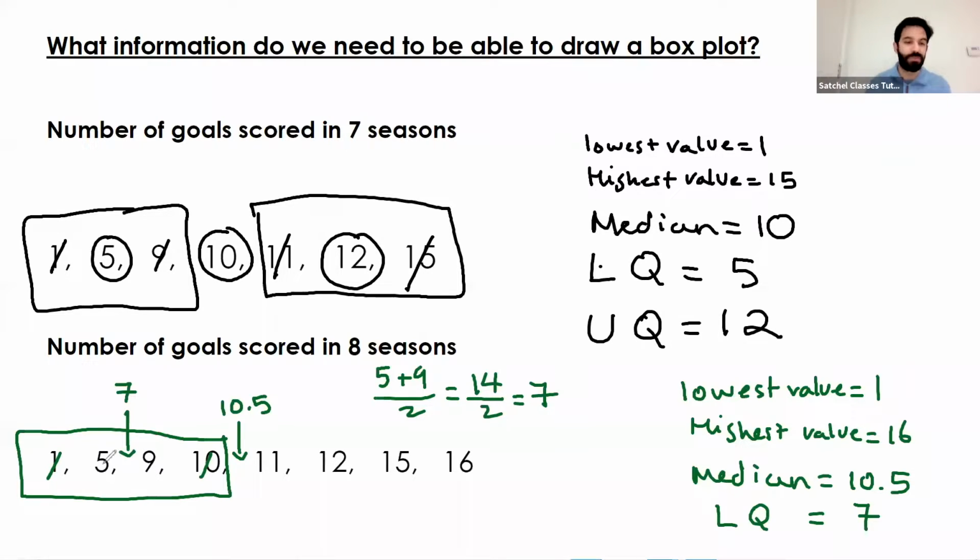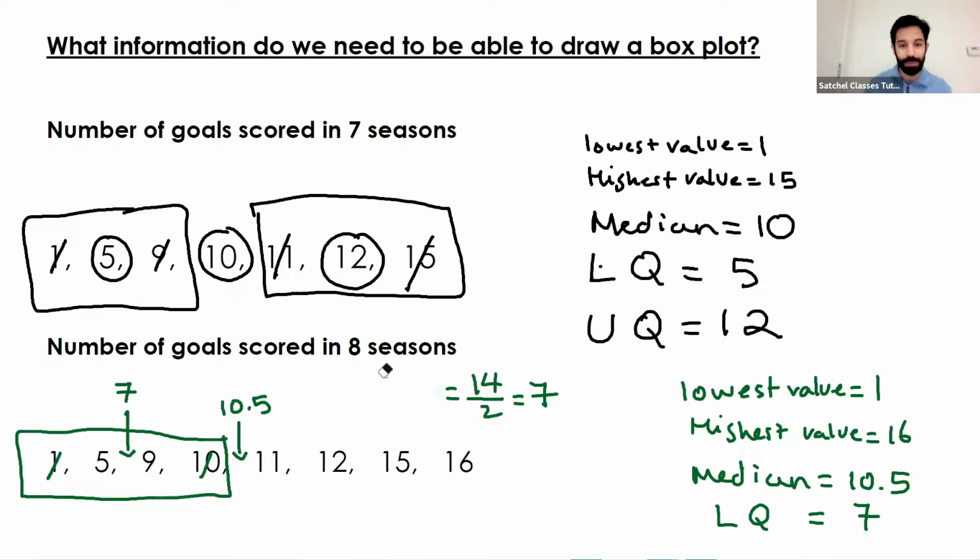Or you can just count what the middle number is between 5 and 9. We'll have 8, 9, so 2 numbers to the right of 7, and 6 and 5, which is 2 numbers to the left of 7.